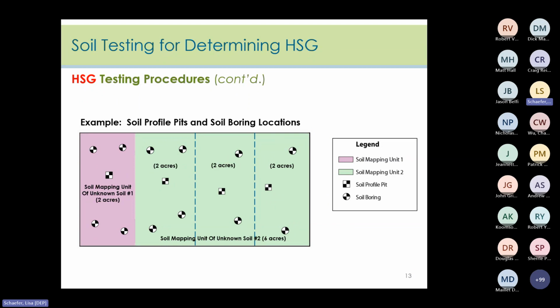For the 6 acre area on the right in the green shading, we see 3 pits and 8 borings. That's 1 soil profile pit and 4 borings for the first 2 acres, and then 1 soil profile pit and 2 borings for each additional 2 acres. So this configuration also meets the placement requirement.